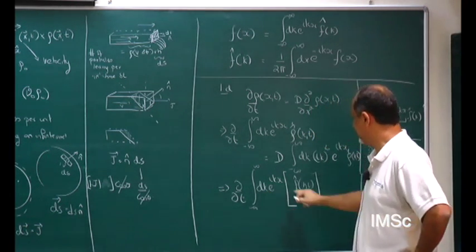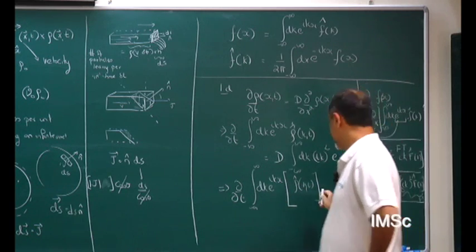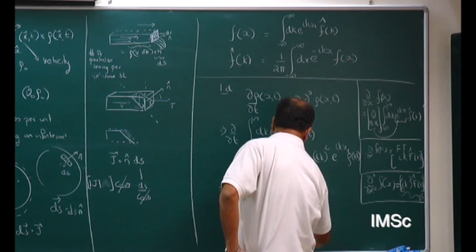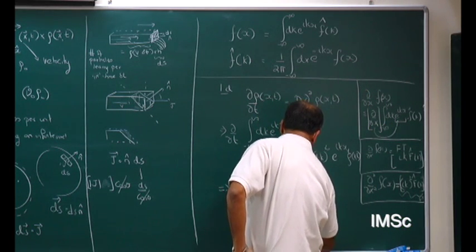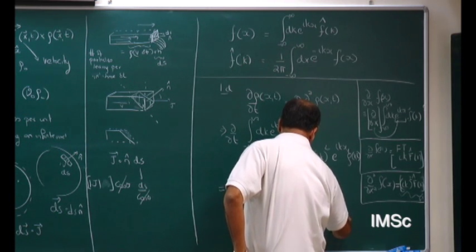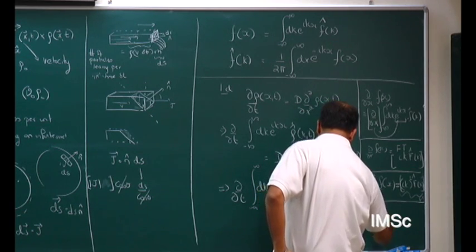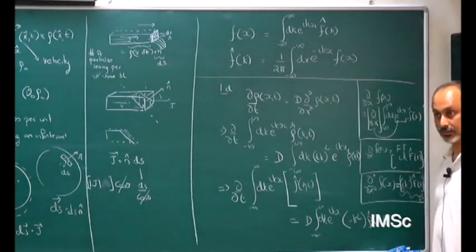I have pulled this particular factor out. I only have this acting upon this here. And the right hand side is D times the integral from minus infinity to infinity dk e to the ikx times the factor of minus k squared times rho hat of k comma t. Okay.